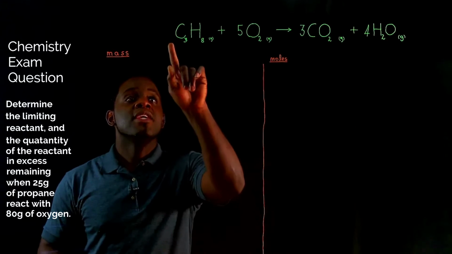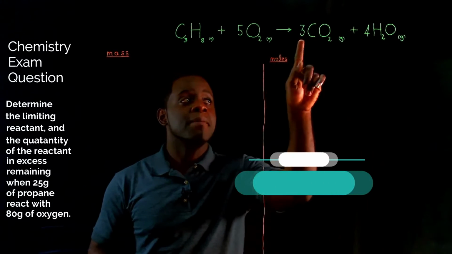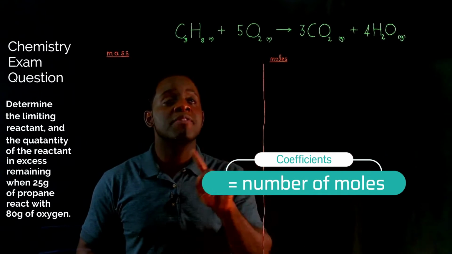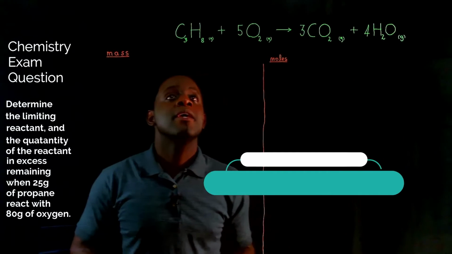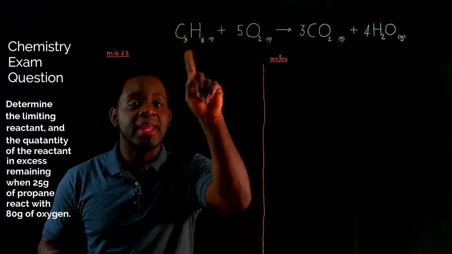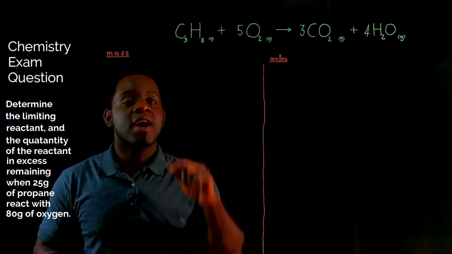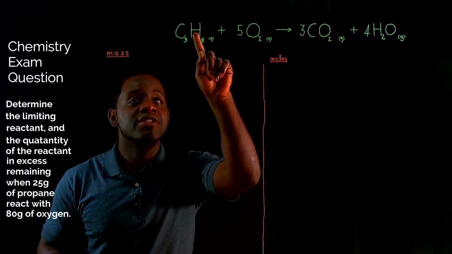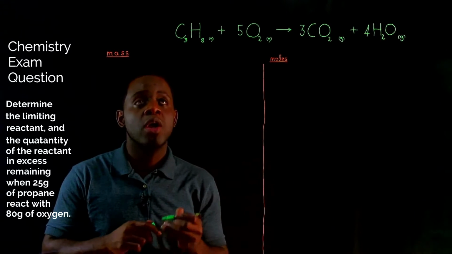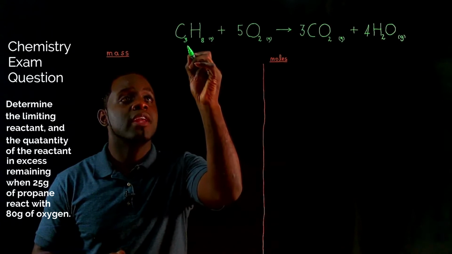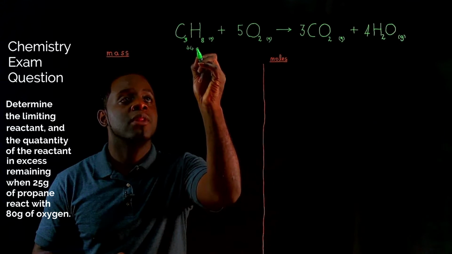The coefficients in the balanced chemical equation give us the number of moles of the molecules involved. So the mass of 1 mole of propane is, the mass of carbon is 12 based on the periodic table, and that of hydrogen is 1. So 3 times 12 plus 8 times 1 gives us 44 grams per mole.